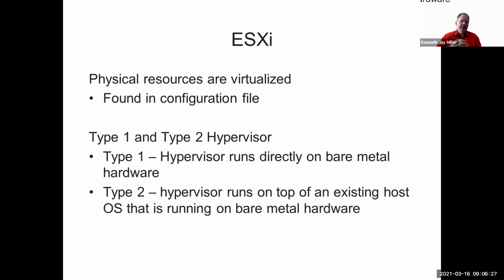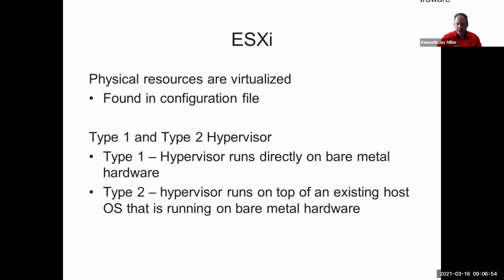Now, again, we mentioned this a couple weeks ago, and we looked at it again last week when we looked at the rings, right? The ring 0, ring 1, and the history of VMware. The type 1 and type 2 hypervisor, the type 1 runs directly on bare metal, type 2 runs on top of an operating system. So last week we saw both of them, right? Type 1 is our ESXi server.